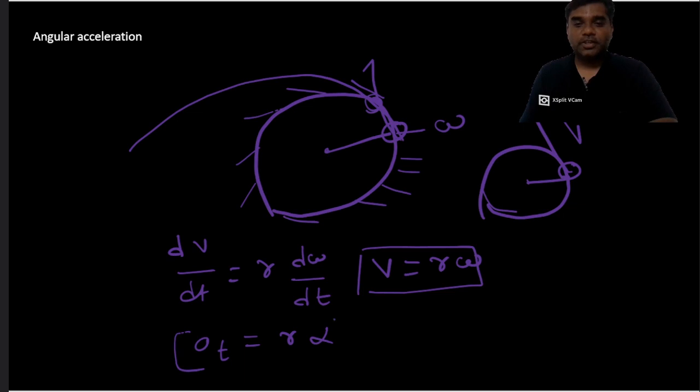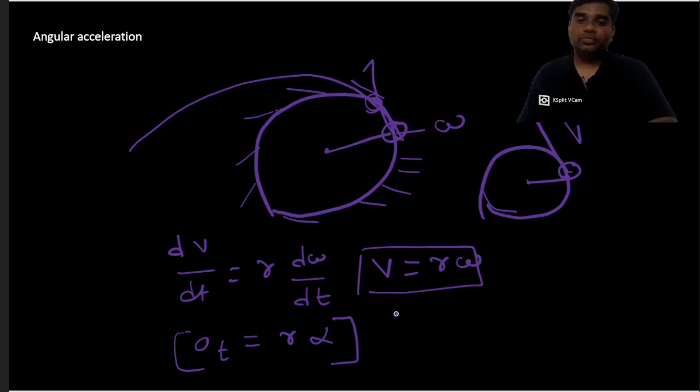you can say it's a tangential acceleration because the velocity is tangential to the path. Linear velocity is the vector which is tangential to the circular path. So the acceleration along this path is the tangential acceleration, a_t equals r into alpha.